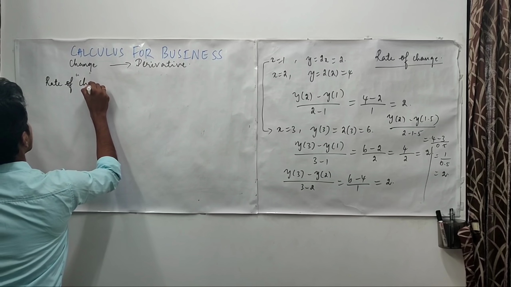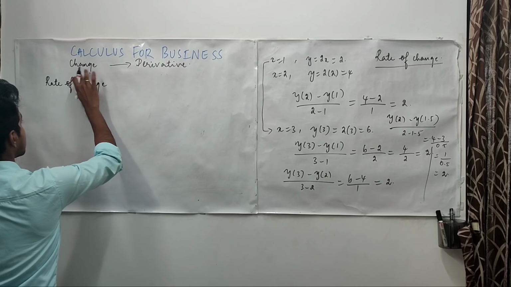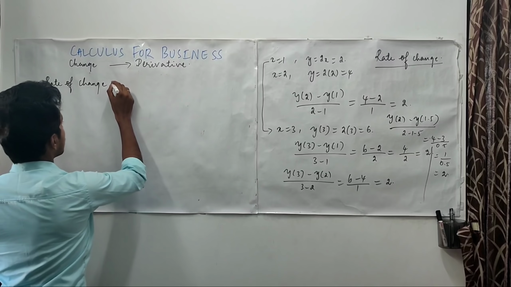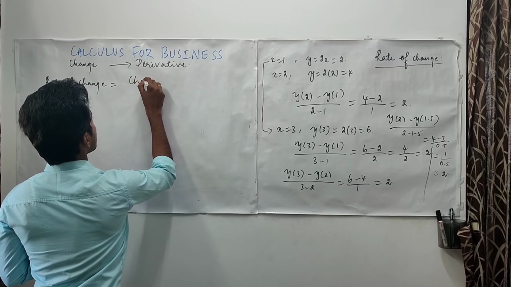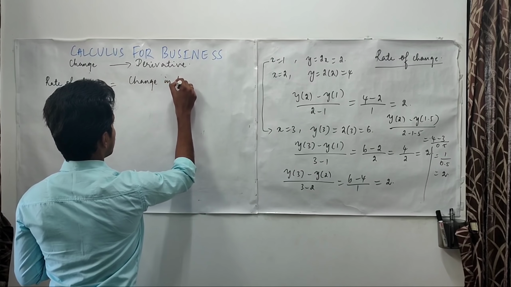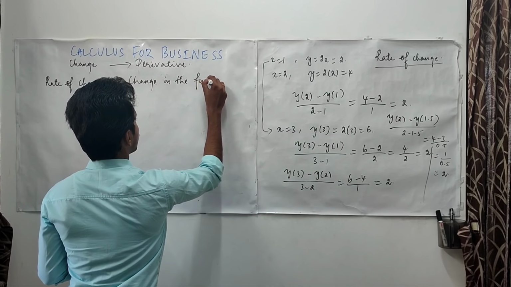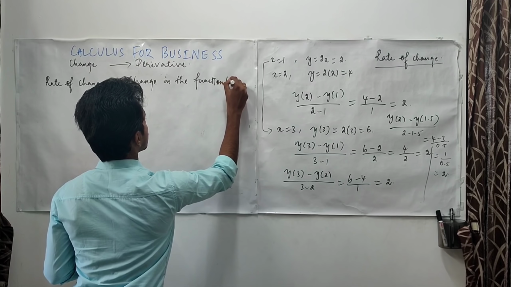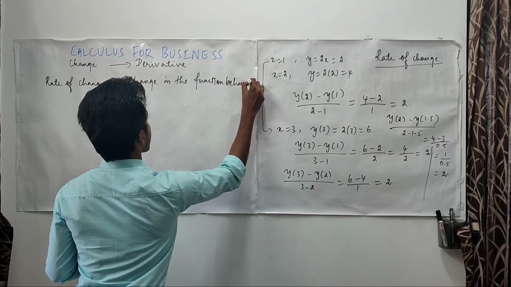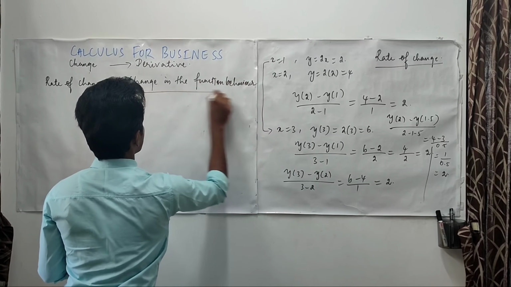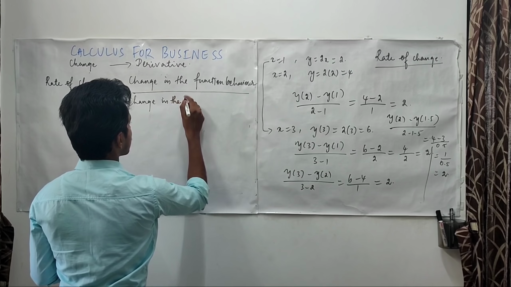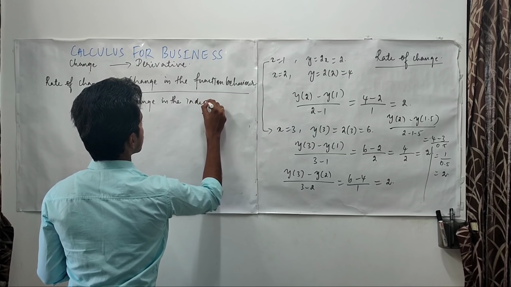Before getting into the mathematical definition, let us see the normal definition. Rate of change: change in the function behavior upon change in the independent variable.